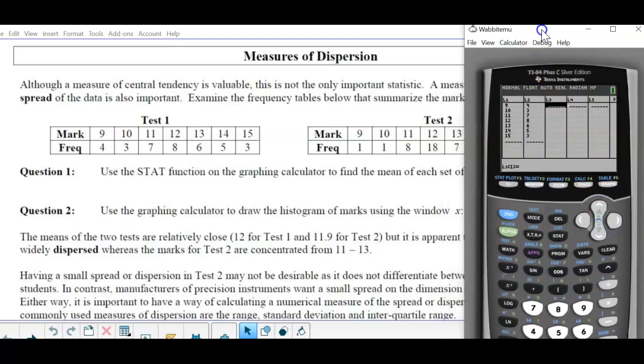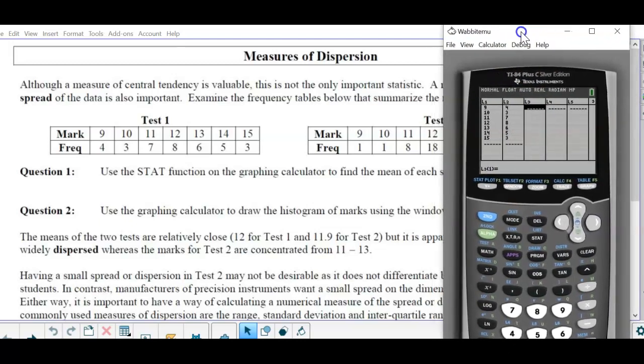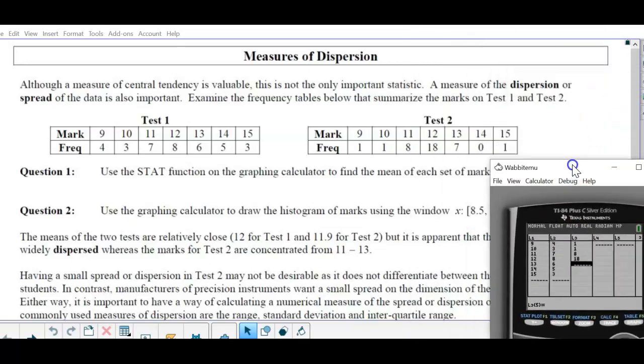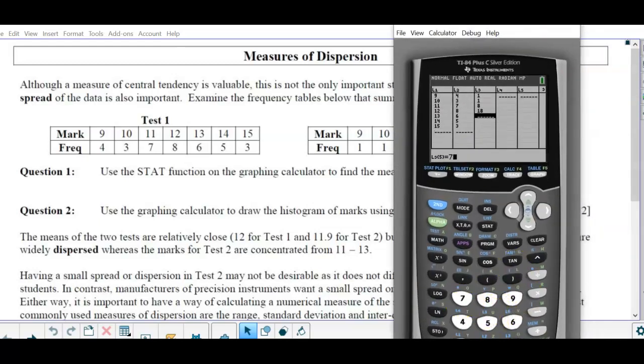So I'm not going to redo the marks. Okay, and then that's 1, 1, 8, 18, 7, 0, and 1. Okay.